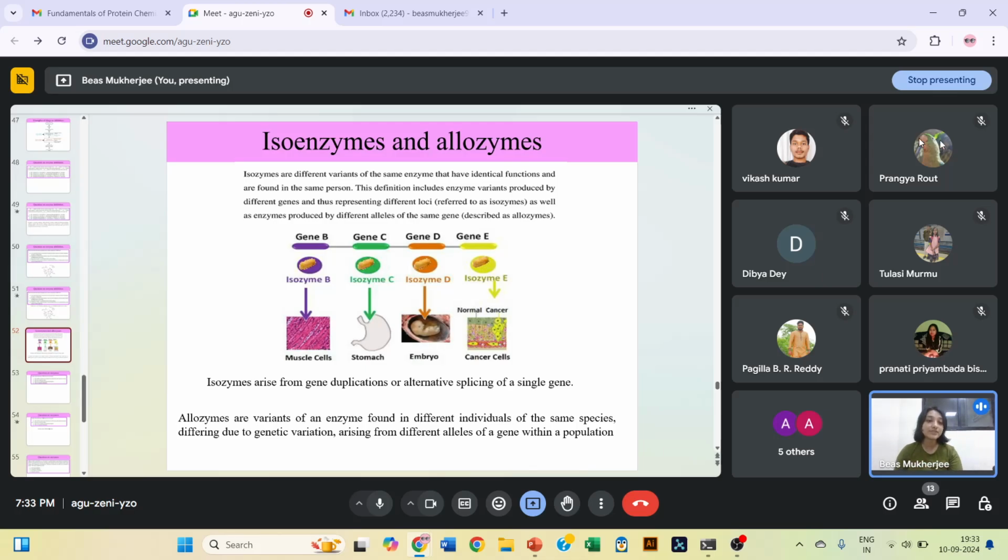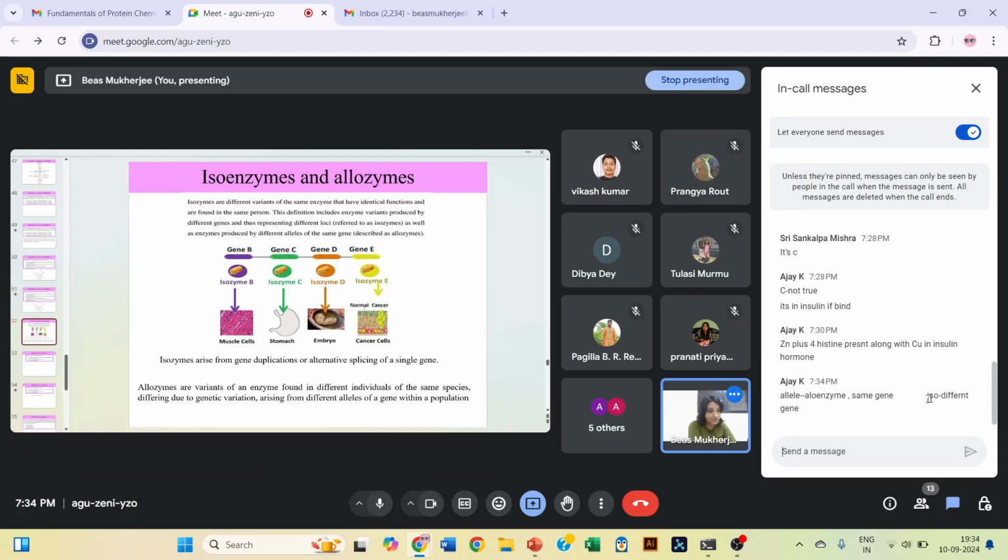Because of the presence of these isozymes, it is very difficult to delete some gene from the human genome. Okay, let's say there is some kind of enzyme. For example, allele, allozyme: same gene. Iso is different gene. Yes, that is right. Allele: same gene, but a different allele is giving rise to your allozyme.